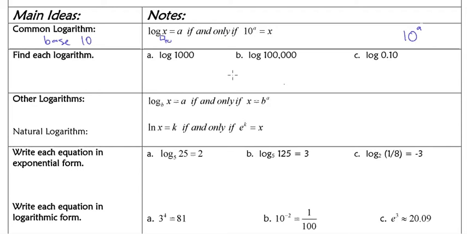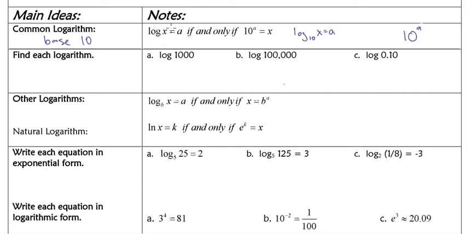So that base, if it's not written, the common logarithm is 10. So another way to write that first line there is log base 10 of x equals a. Those two mean the same thing. You just won't ever see the 10 written in there. When it's not written in there, the number there is 10.